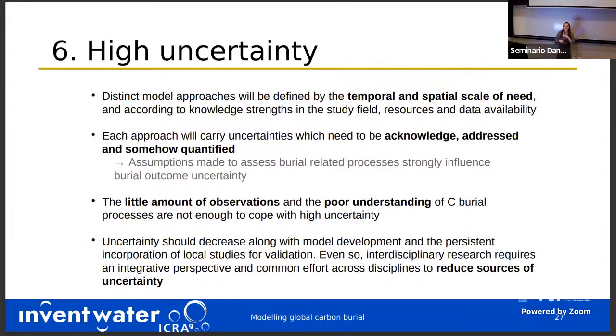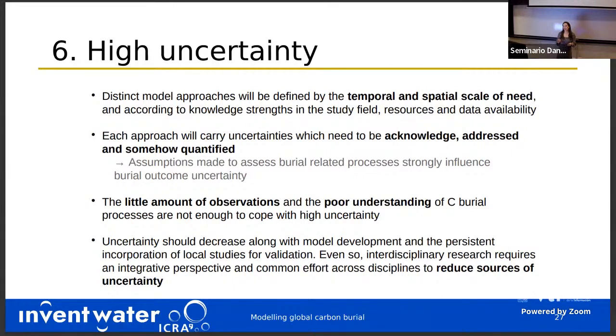So finally, the high uncertainty, that is mainly because of all the challenges mentioned before. Every model approach will be defined according to the temporal and spatial needs, and according to the knowledge, the resources, and the data availability.